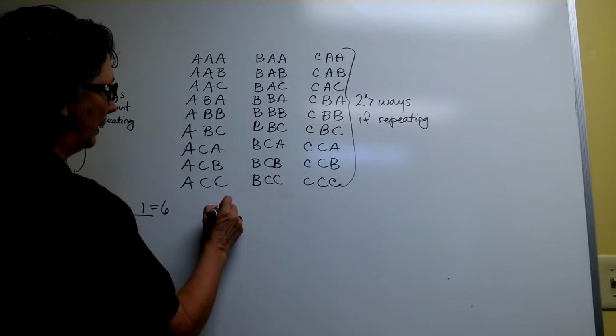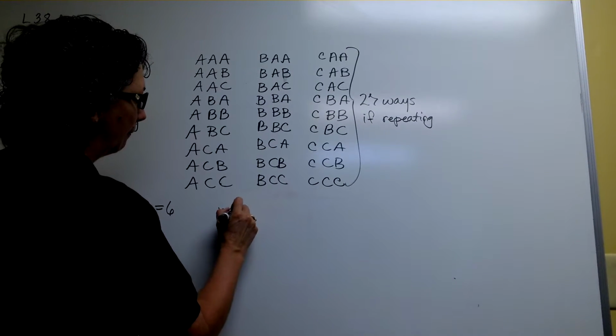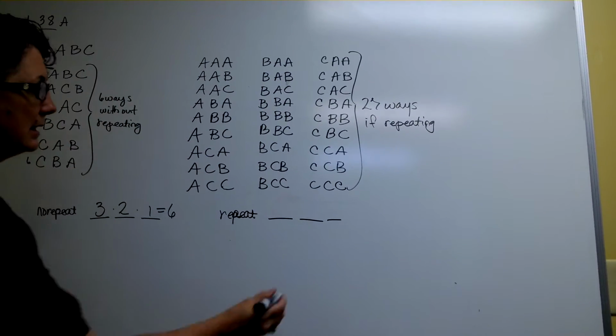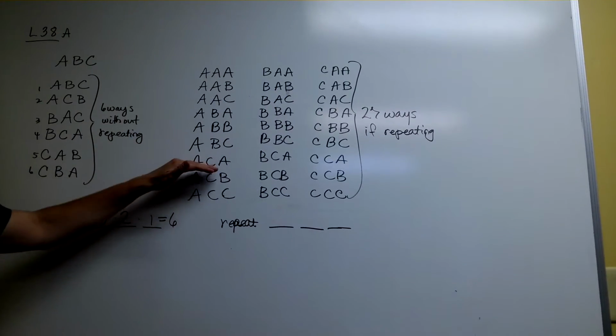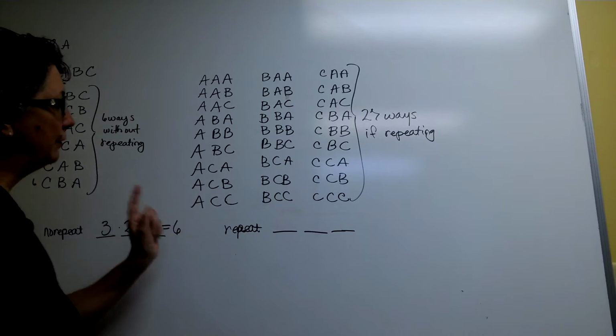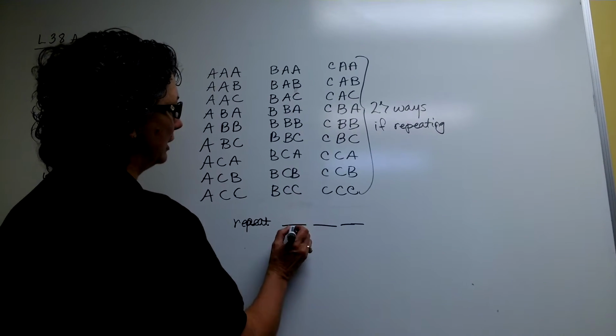If I can repeat, I still have 3 spaces to fill, still doing an arrangement of 3, but I have 3 choices for this first spot.